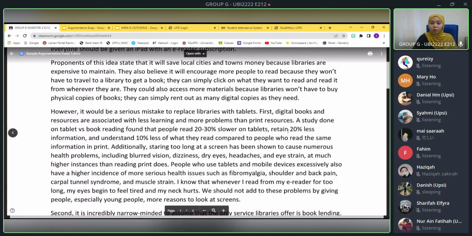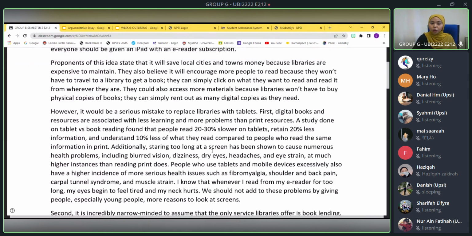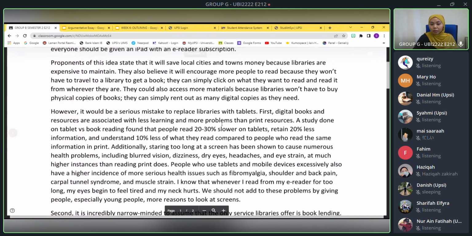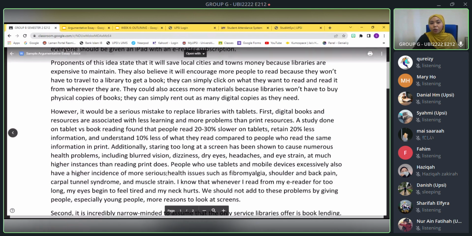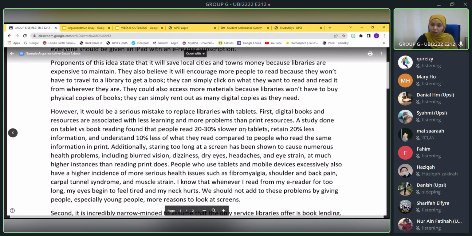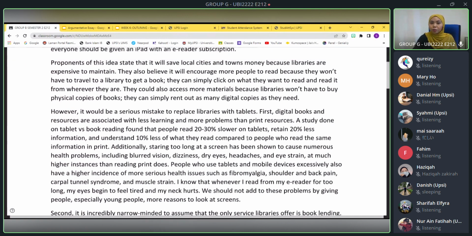They retain 20% less information and understand 10% less of what they read. Additionally, staring too long at the screen has been shown to cause numerous health problems. So this part means that the writer disagrees that you should be given an iPad with an e-reader subscription only. It is helpful, yes, but it doesn't mean that the printed version should be cast out.